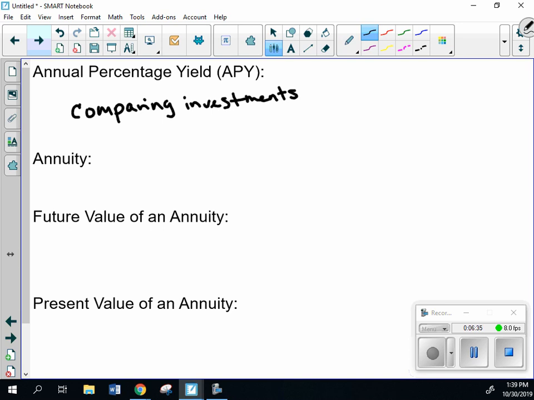So you could be looking at this IRA that is compounded quarterly at a rate of 2.5, where this one is compounded monthly at a rate of 1.6. Something like that, where you're comparing those investments and figuring out what is your best situation.